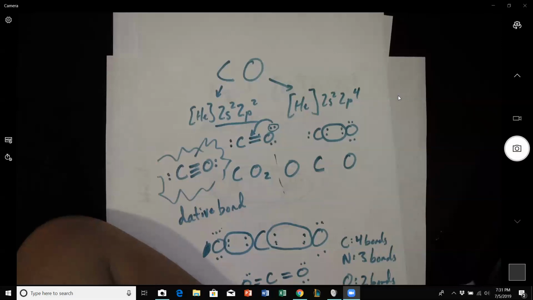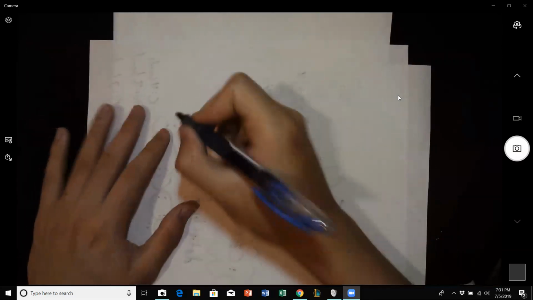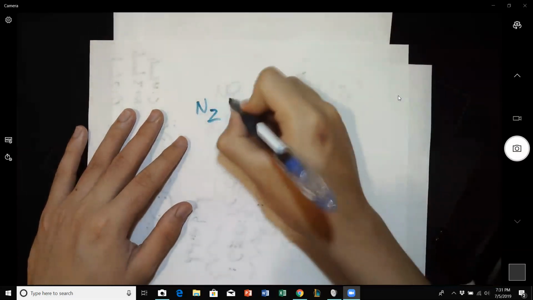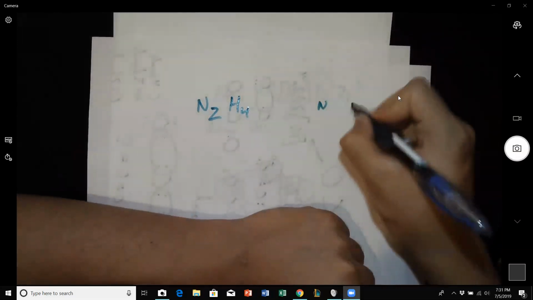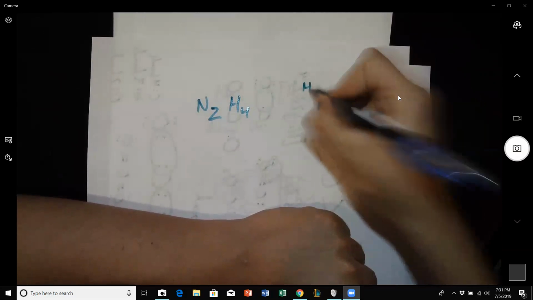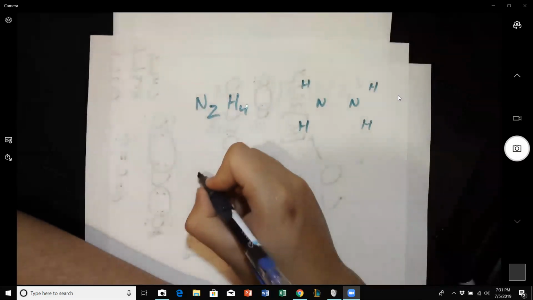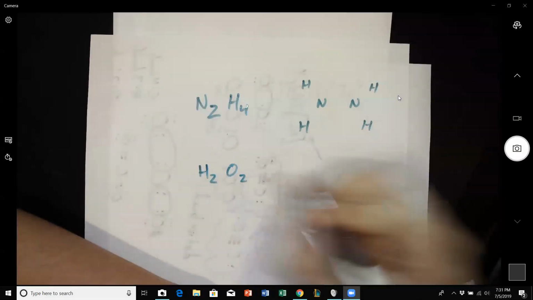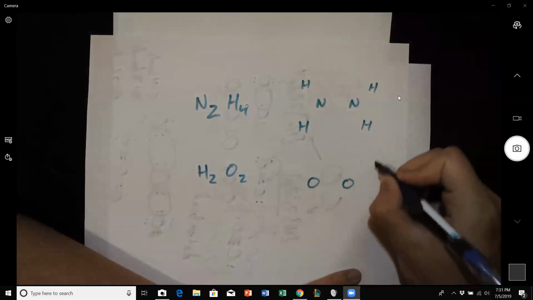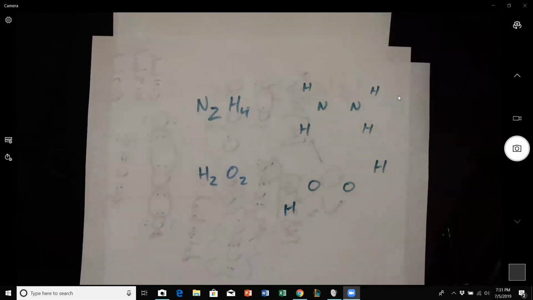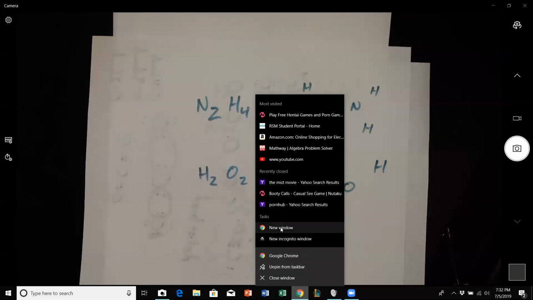Okay. And because these concepts are so important to get, how about we do one more example? Let's do N2H4. The shape is like this. And H2O2. So like this. Okay, so can we do those 2 examples? And let me look something up real quick.